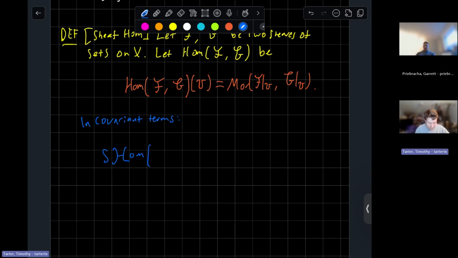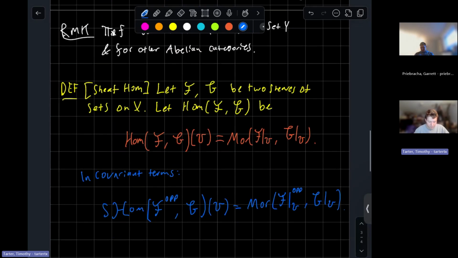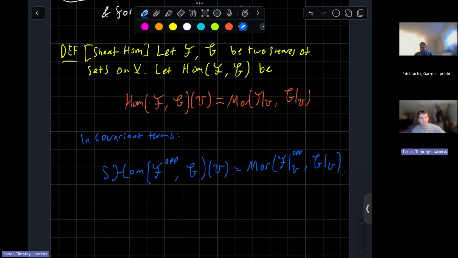So as a covariant functor, this looks like going from F op to G at U, which is equal to Mor of F restricted to U op, G restricted to U. So this is contravariant in the first slot, meaning that we just take the opposite of this thing in the category, so the arrow reversion.